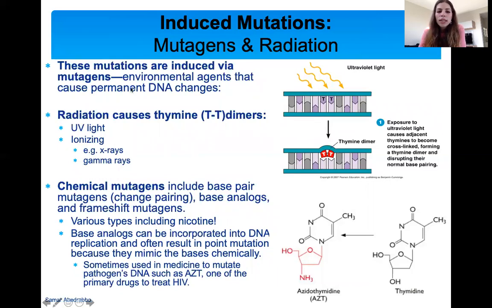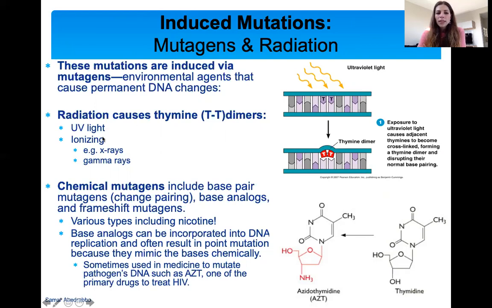So for physical mutagens, we have UV light, sunshine. So sunshine is a mutagen. That's why sunshine can also cause skin cancer, too much sunshine. And another type of radiation, physical mutagen, is ionizing radiation. And this is why you hear that getting x-rays all the time is not good, gamma rays.